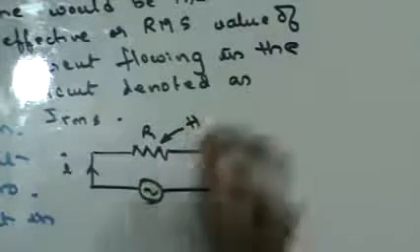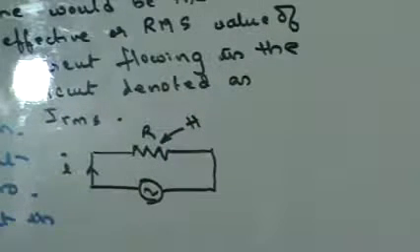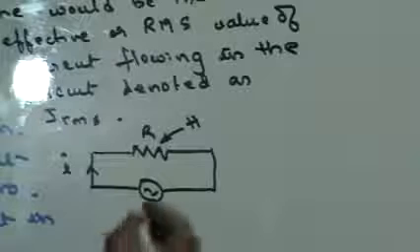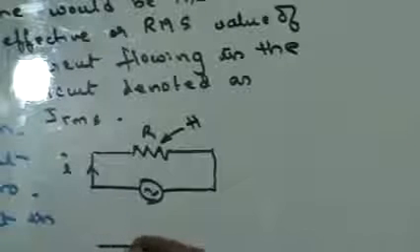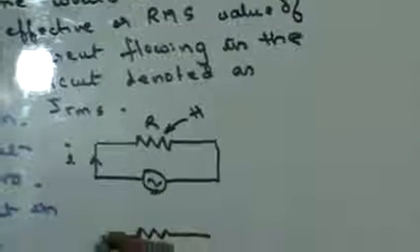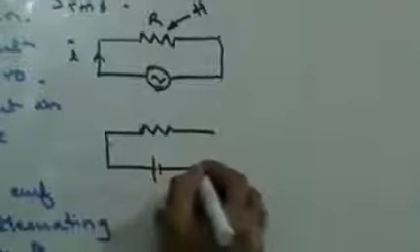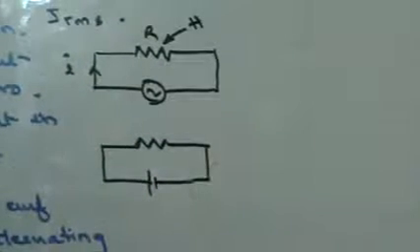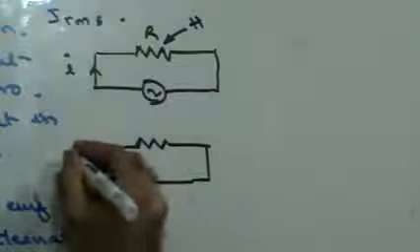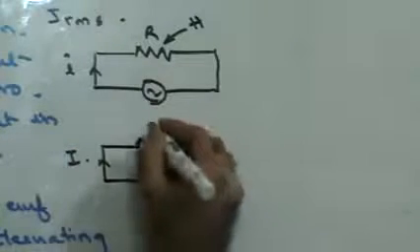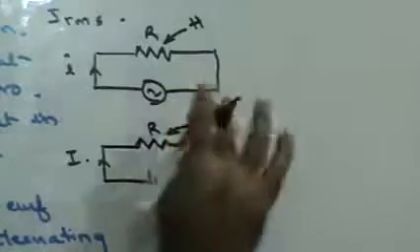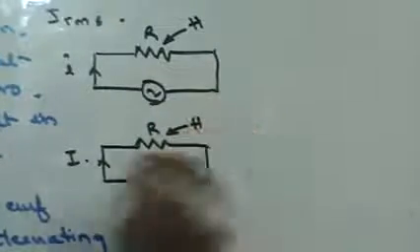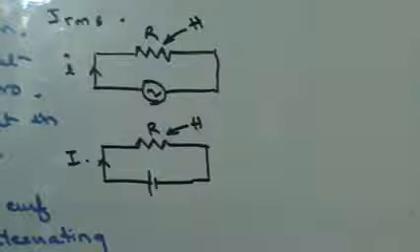Now instead of using an AC circuit, I use the same resistance and I use DC current. If I use DC current, what should be the magnitude of DC current in the same resistor in the same time that will produce the same amount of heat? That value of current is called the RMS value of current.